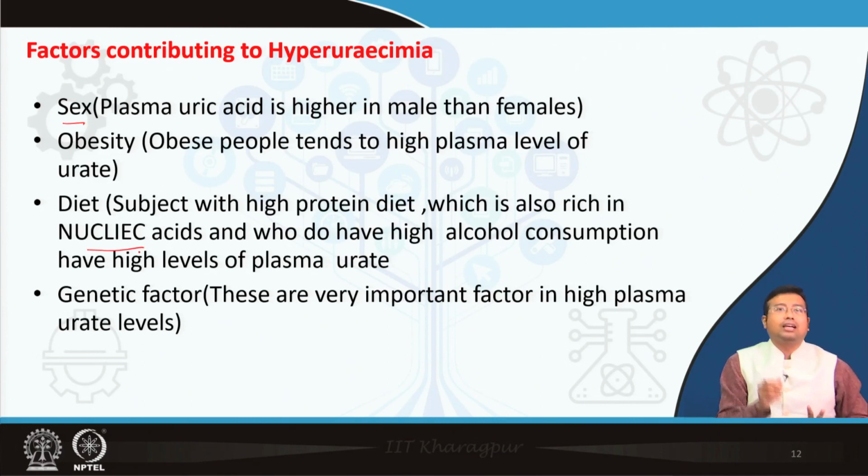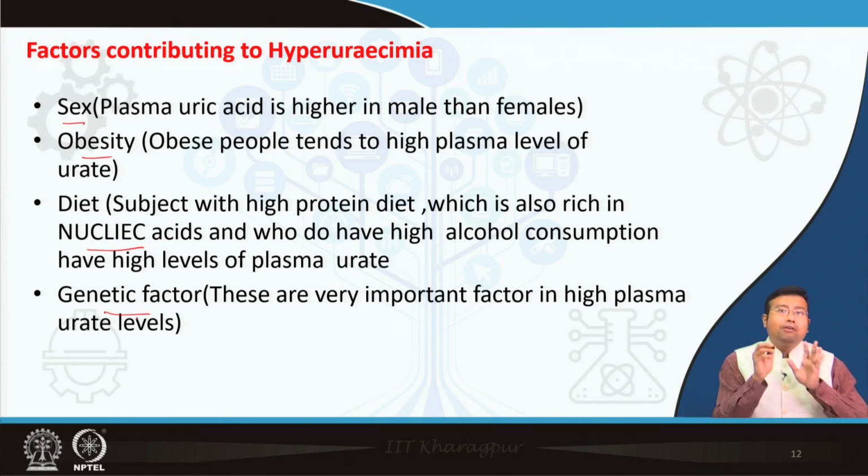Also, persons who consume alcohol, chronic alcoholism especially. Any form of alcohol, beer, whiskey, is also fortified with purines, and increases the amount of purine consumption. Purine will be degraded to form uric acid. So all of these factors, sex, obesity, diet, contribute to hyperuricemia.